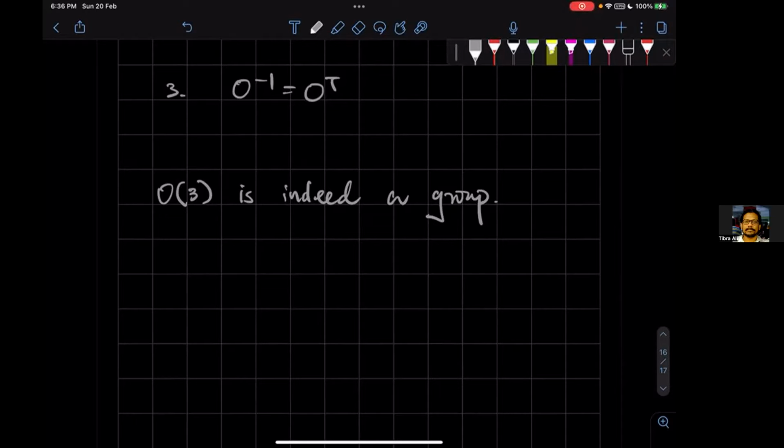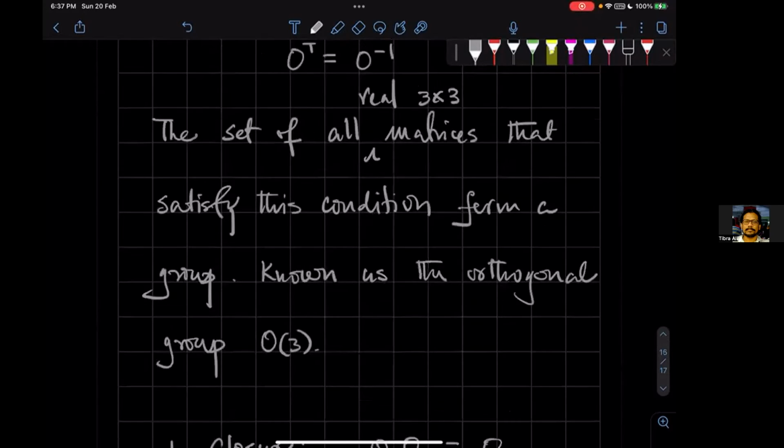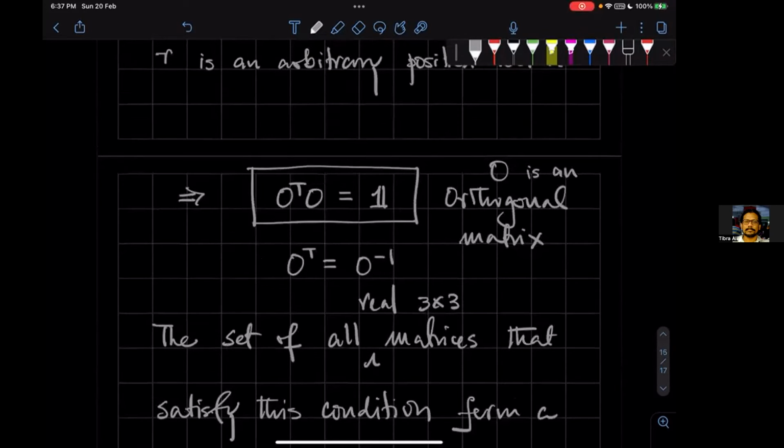Oh, yeah. Are you saying that O transpose O is 1? And how does that imply this? Yeah, we know that O is in O3, then how does it imply that O transpose is in O3?